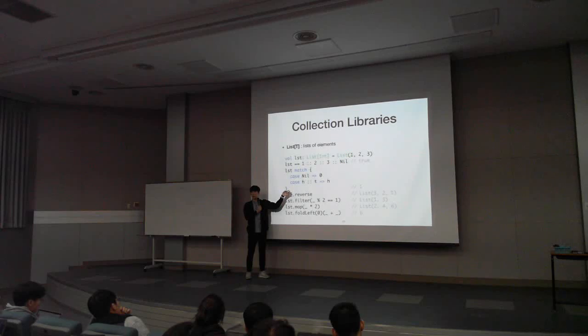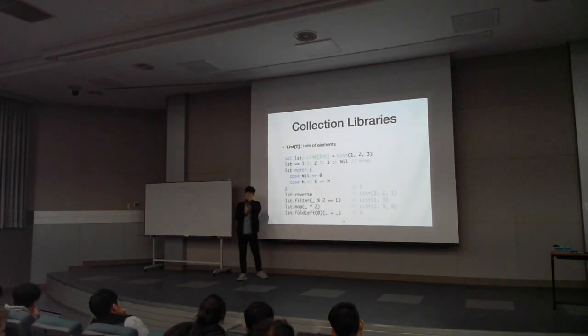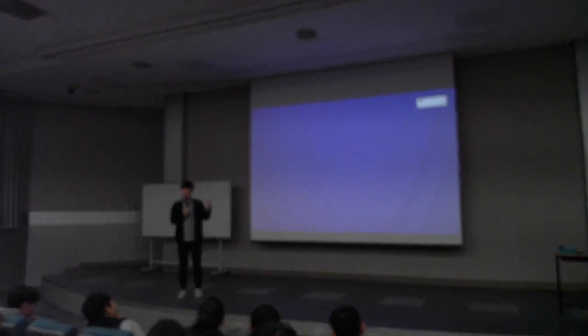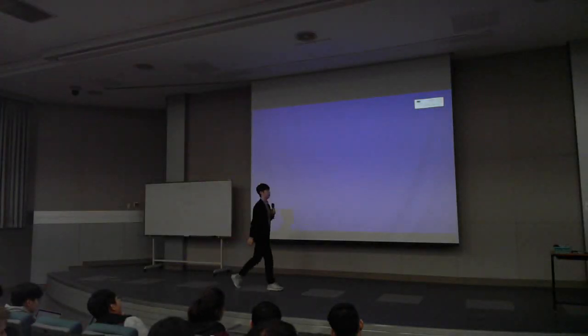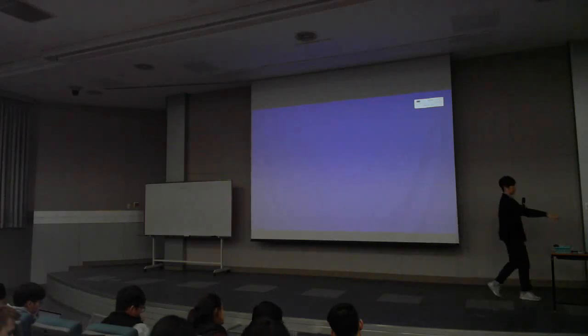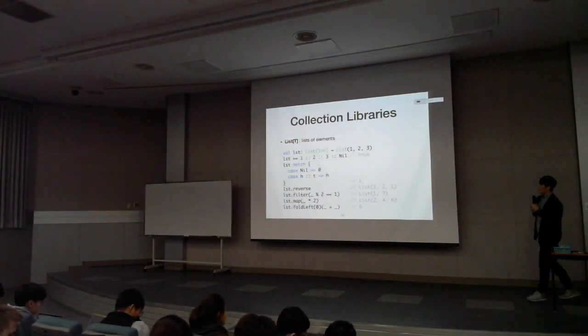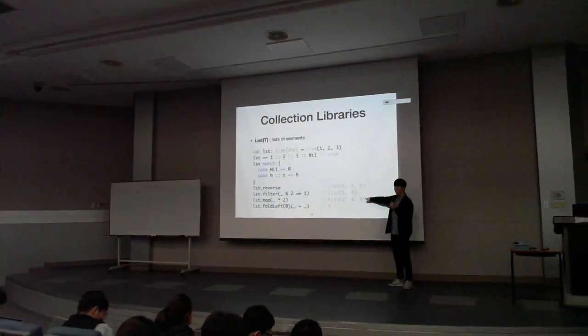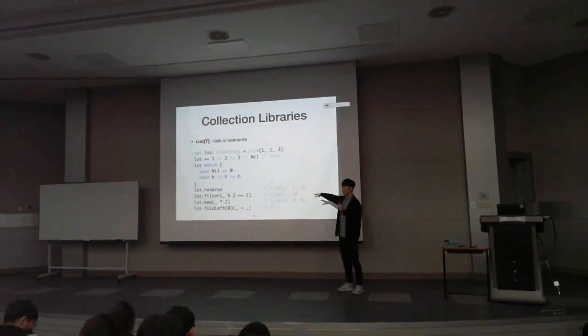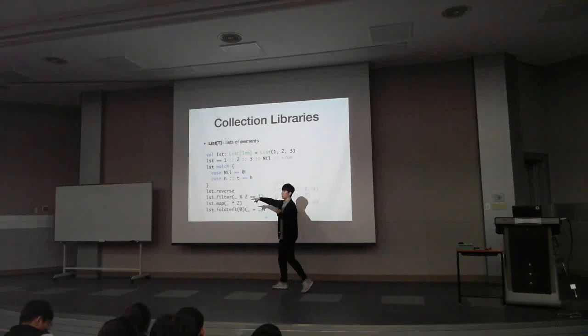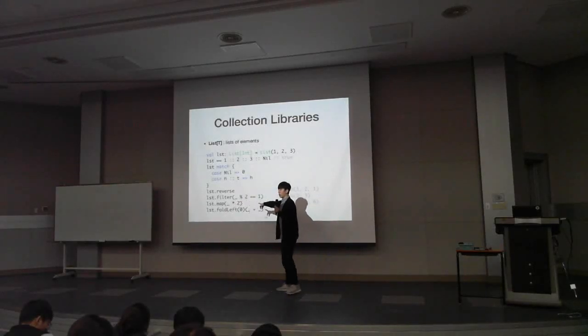Why can't we write map instead of match? But map returns just a list. Reverse, filter, and map always return a list of integers if lst is a list of integers.